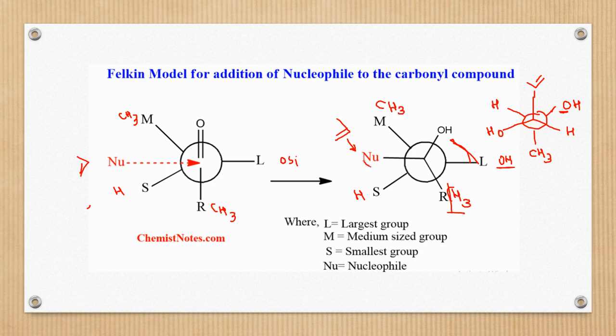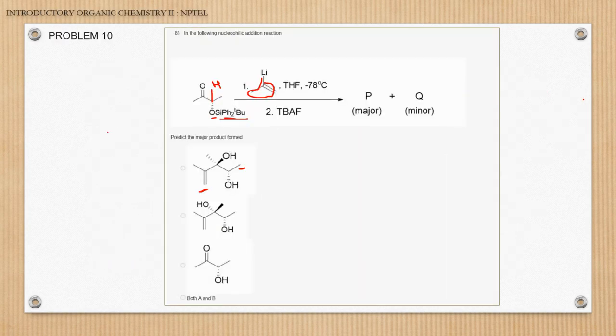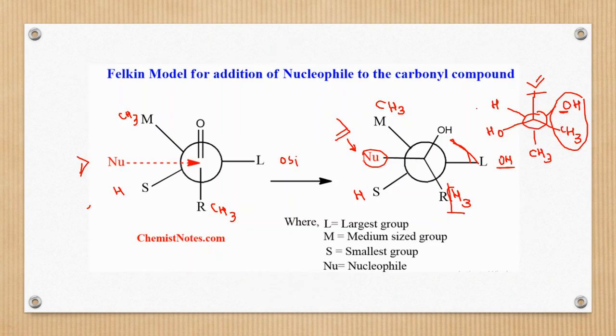If this is the nucleophile which is here, then this is attached to hydroxy and methyl, right? So one of this is methyl. Yeah. So this is what you have arrived at. So now you have this OH and methyl at one position, and you have this OH and hydrogen at one position.